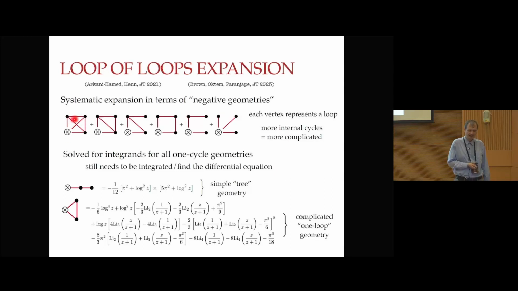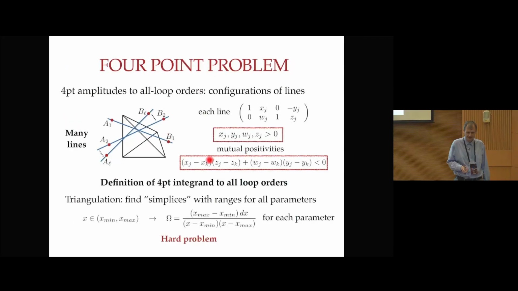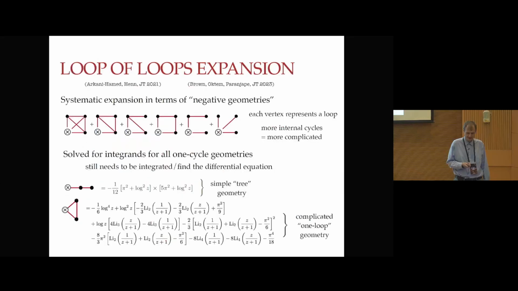In these graphs, the vertex is a loop, and a link is this quadratic inequality. The simpler graphs have fewer of these links, and more complicated graphs have more links.